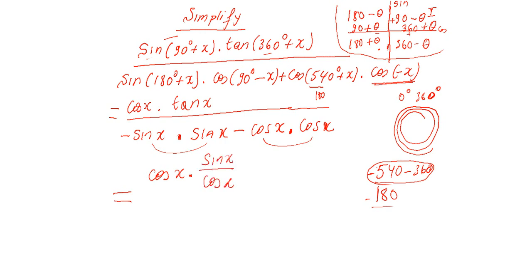Multiplying into the numerator, negative sin is going to give us negative sin squared x, minus cos squared x. So once we simplify the cos, we're going to remain with the sin.